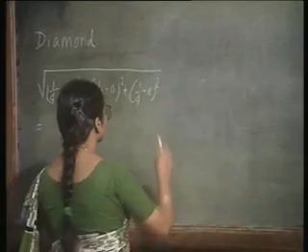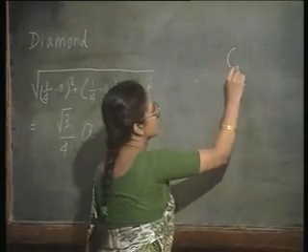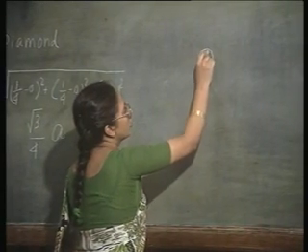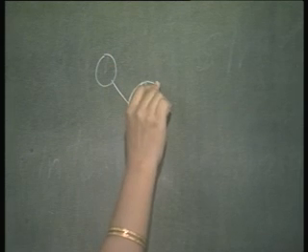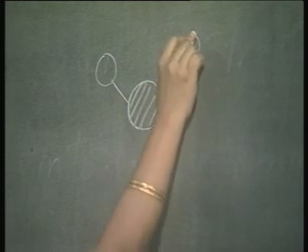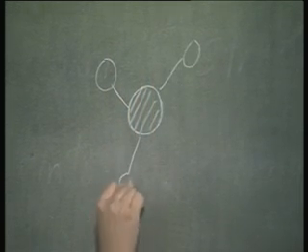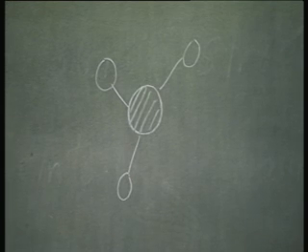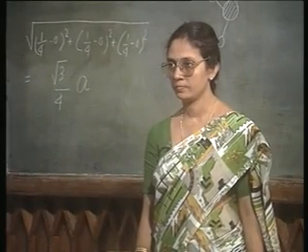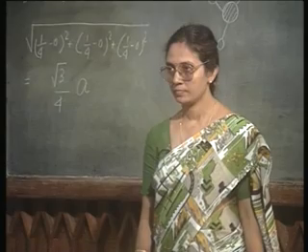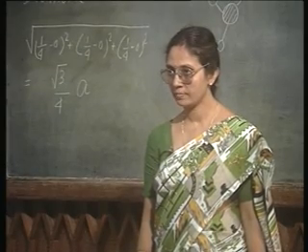What is a tetrahedral structure? It is like this. You have this blue ball here and the other one going inside the board. Yes?